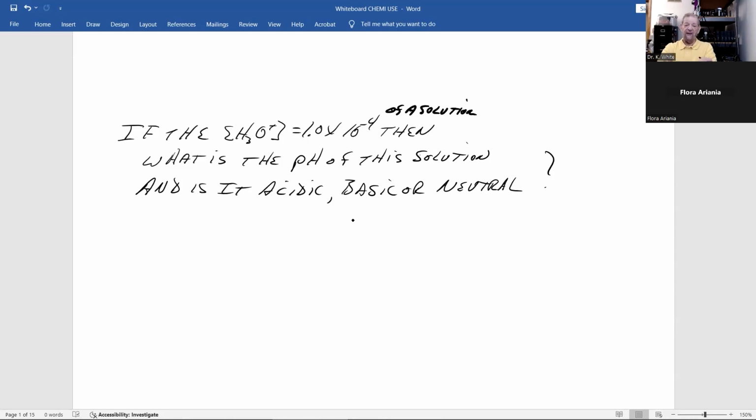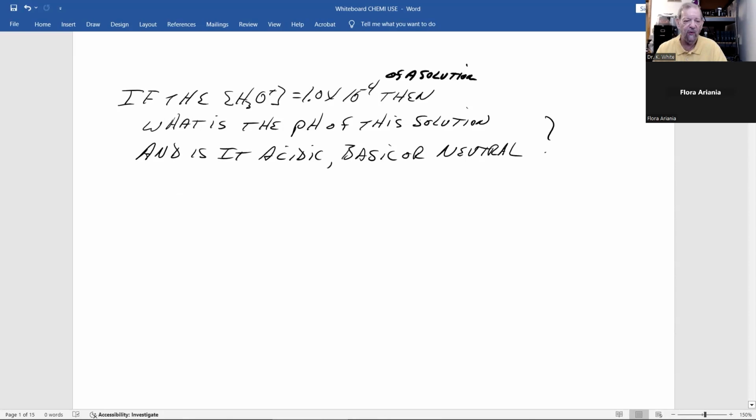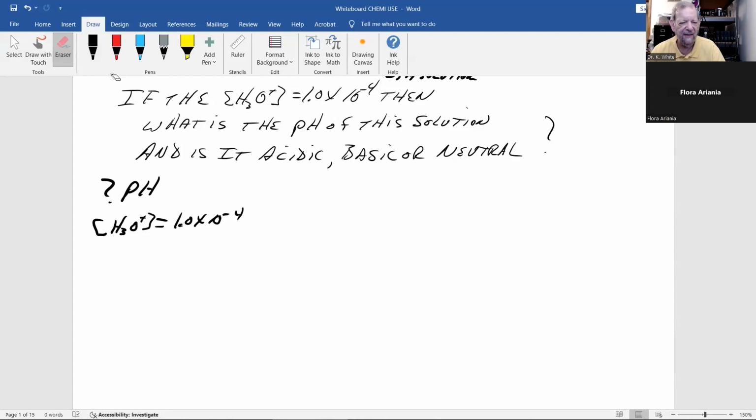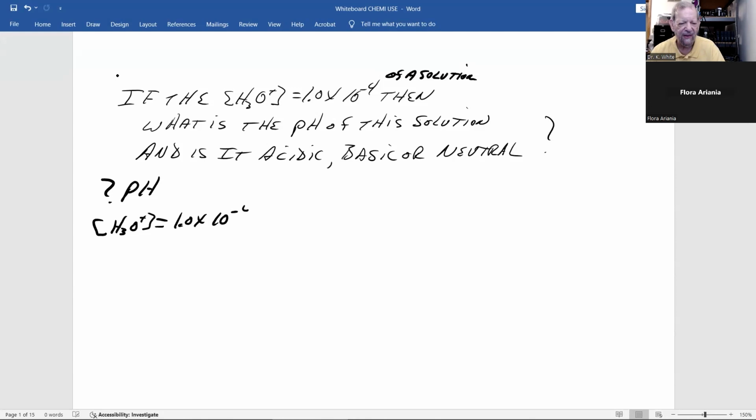And is it acidic, basic, or neutral? Well, what are we trying to find initially? pH. What are we given? The hydronium ion concentration, 1.0 times 10 to the minus fourth. That looks better. So how do we proceed?